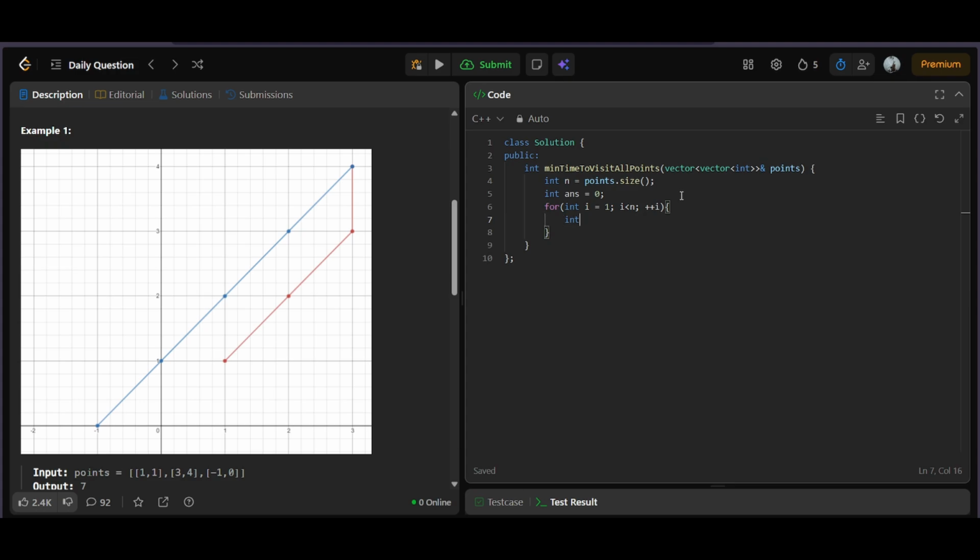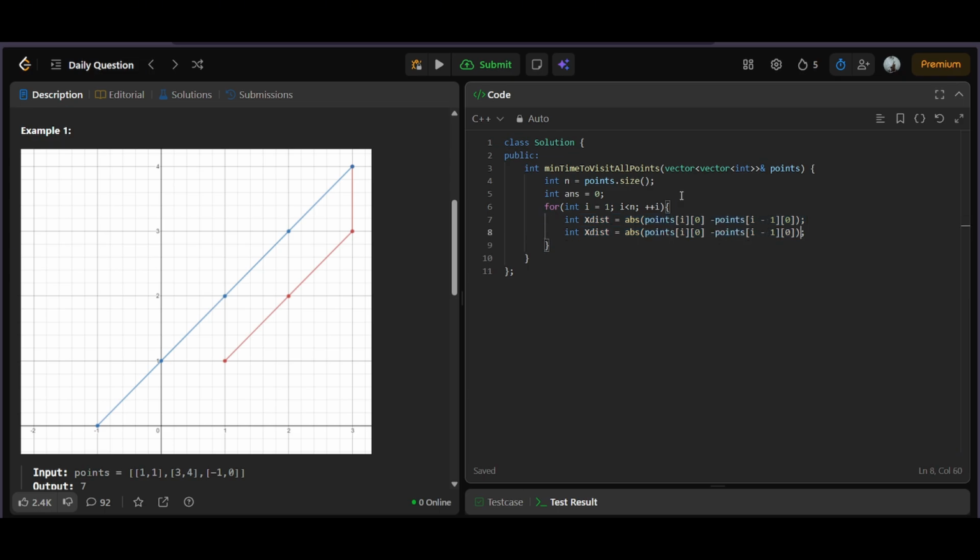So int x distance. X distance is basically the absolute difference between points of i at 0. The zeroth element is the x coordinate, right? And we should take the difference with points of i minus 1. We got the x distance.